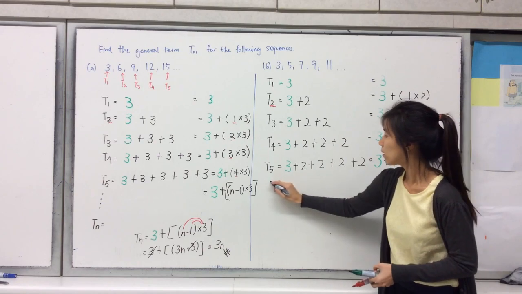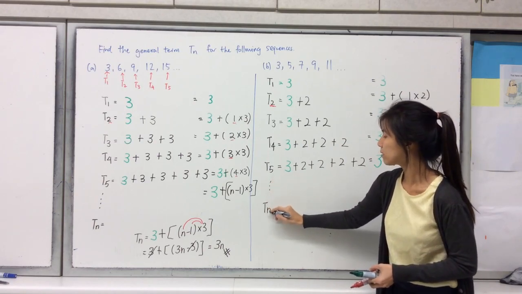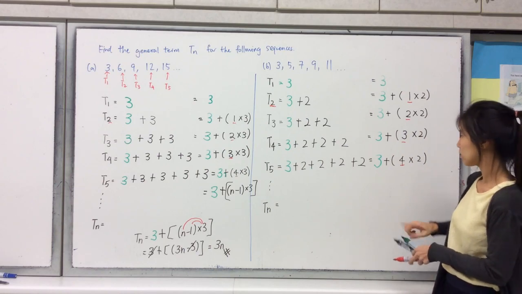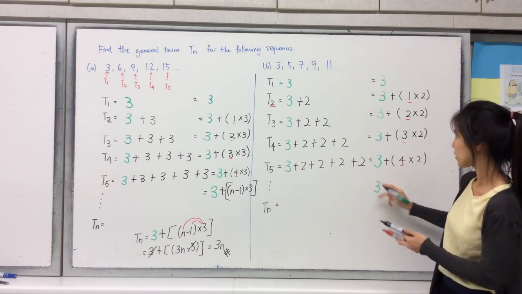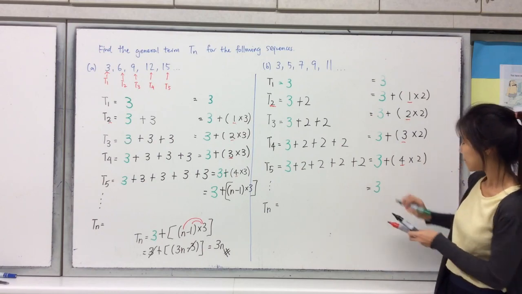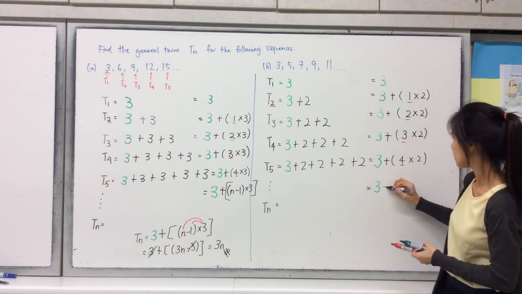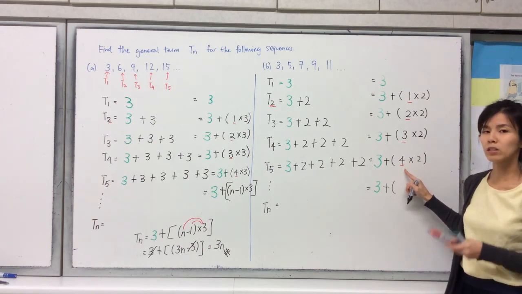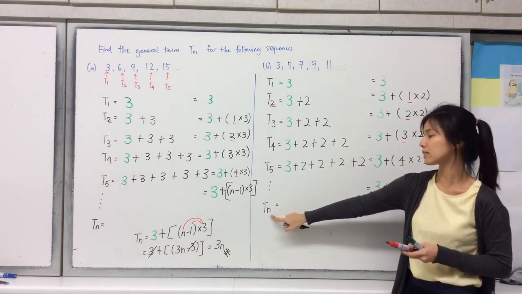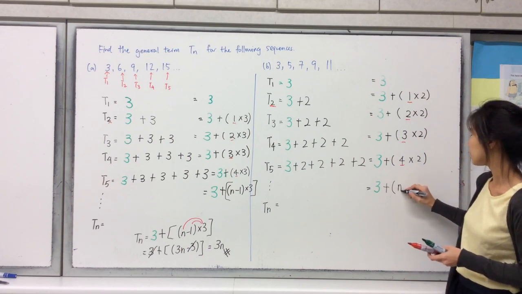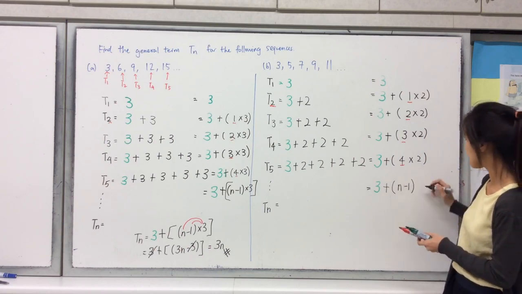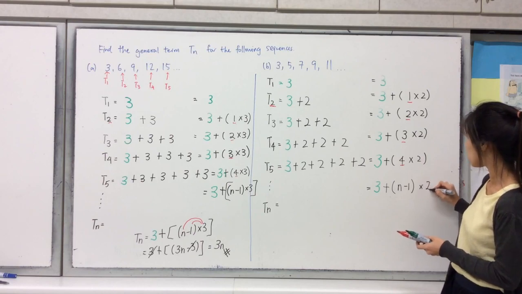Now, to find Tn, what will the answer be? This will equal 3, which is the same, plus this number that's constantly changing but is 1 less than your term number. So what is 1 less than n? You have n minus 1. Remember your bracket, times 2.